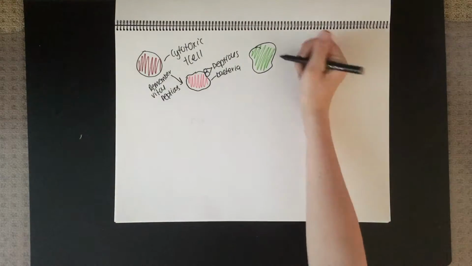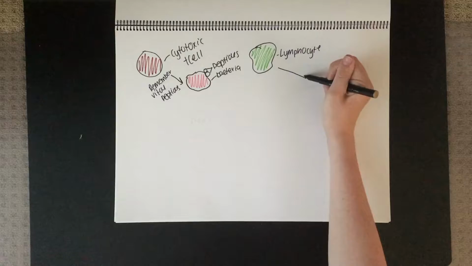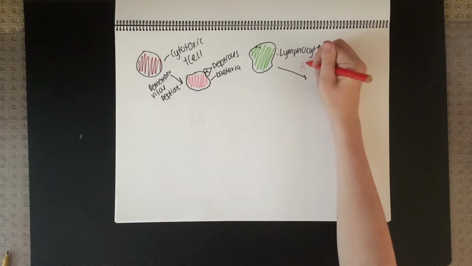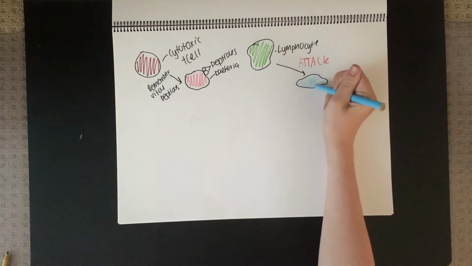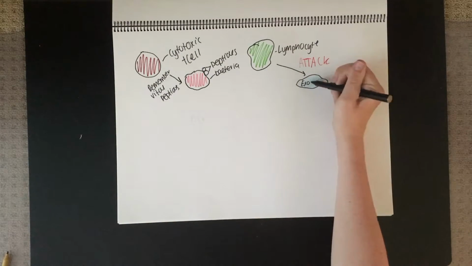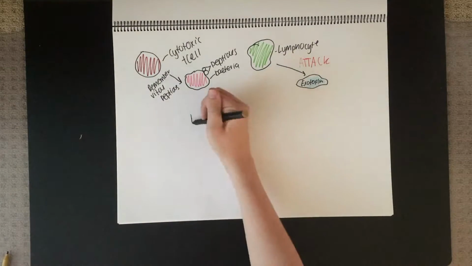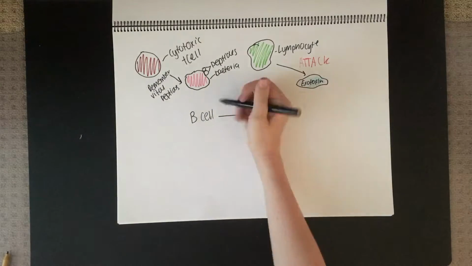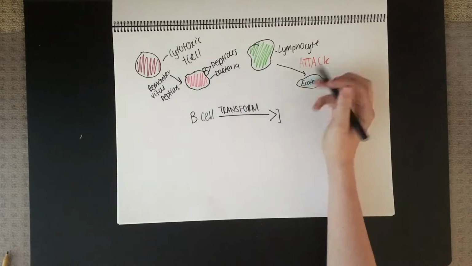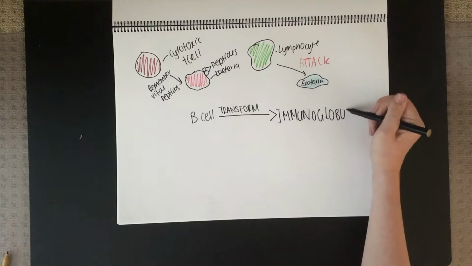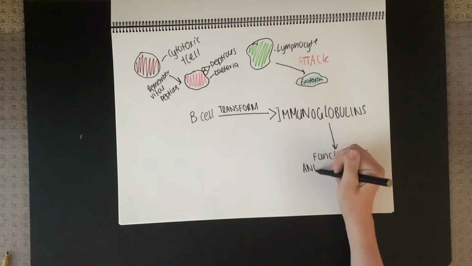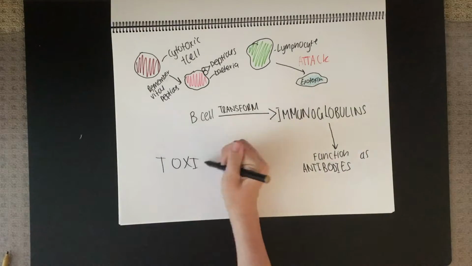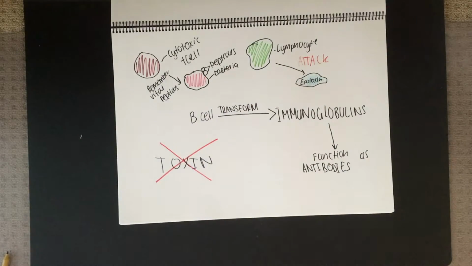Lymphocytes are vital in the immune response as they attack the exotoxin and the initial infection. These activate macrophages. They devour the pathogen. This then helps in the removal of the infected bacteria. Lymphocytes play a part in transforming the B cells into immunoglobulins, which are any class of protein that is present in the serum and cell of the immune system that function as antibodies. This eliminates the toxin.